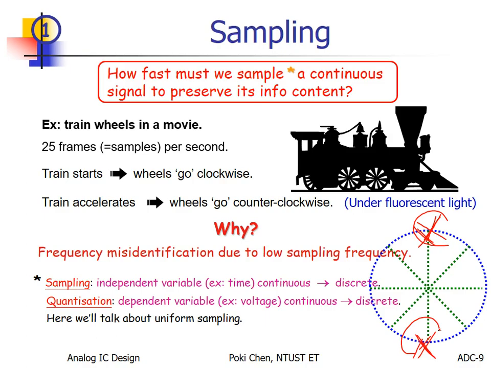Because the wheel looks symmetrical, the first time here, the next time there. If you have a logo, just like Toyota, you will see Toyota flipped, not rolling forward.